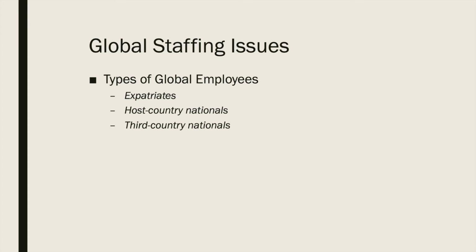So you have a host country, which is the country of the place where the person lives and the company headquarters is located. You have third country nationals also, where you're going to the other place. But expatriates are one who leaves their home to go overseas to manage an operation.